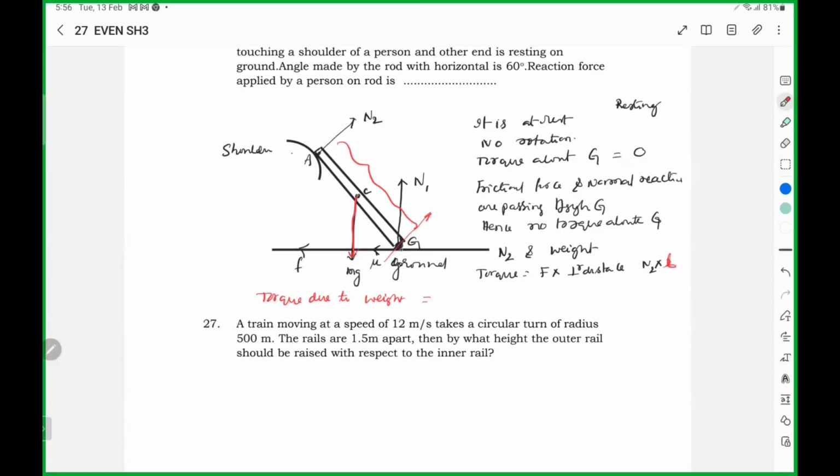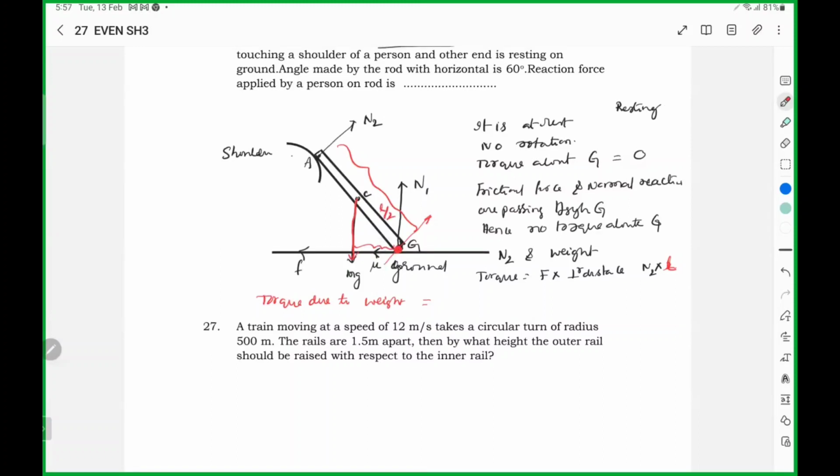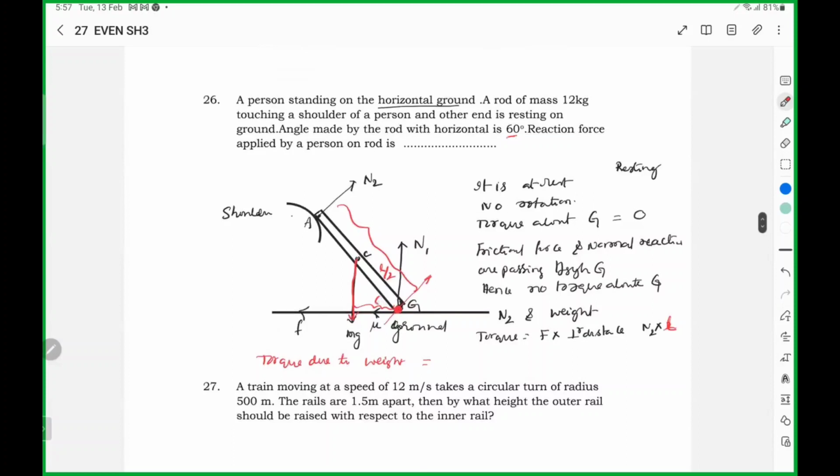You have to calculate the perpendicular distance from the point about which you want to calculate torque to the force. This distance is L by 2. Here the angle is given as 60 degrees. This distance x will be L by 2 cos 60, which is L by 4.